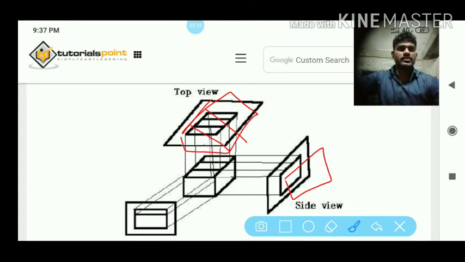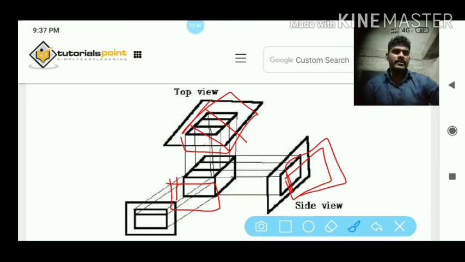Again, this one is the front view. The front one is like a rectangle, the side one is also a rectangle, and this one is the top view, with three boxes: side view, front view, top view.